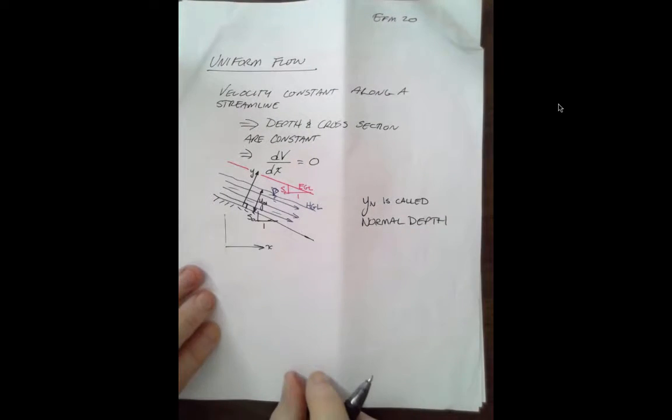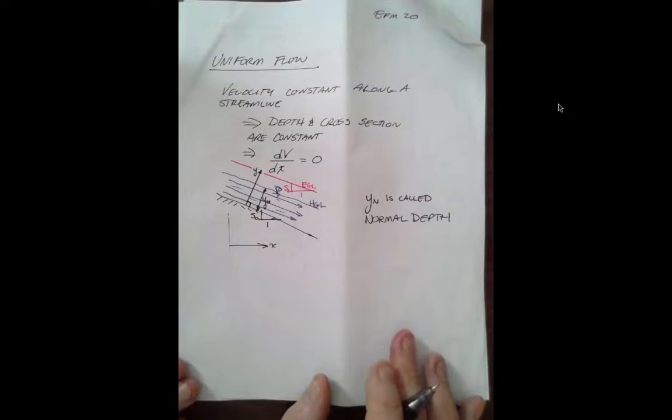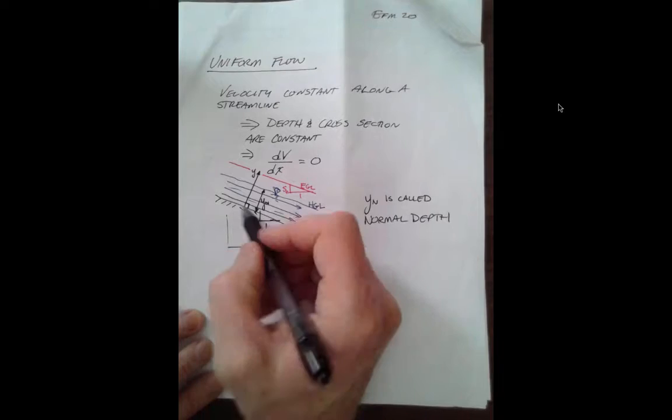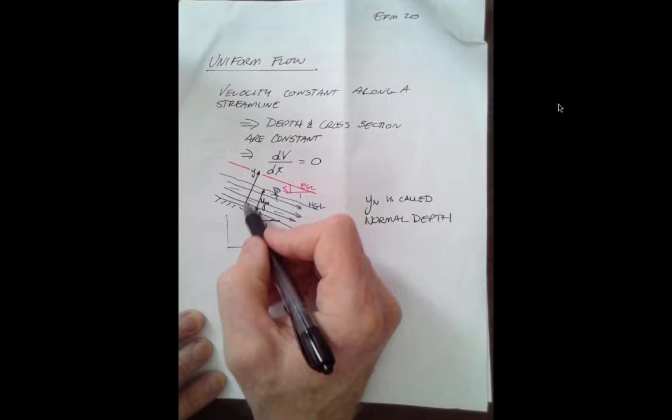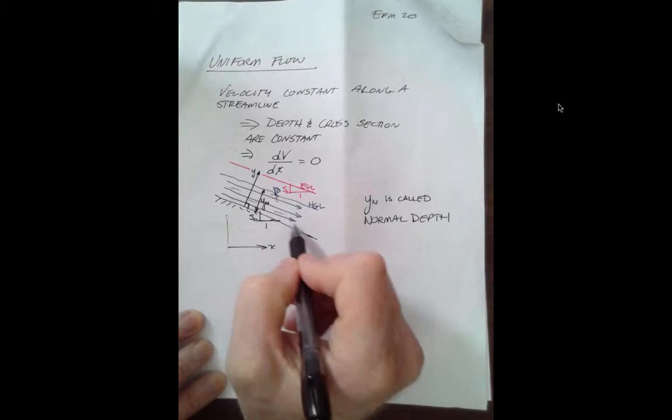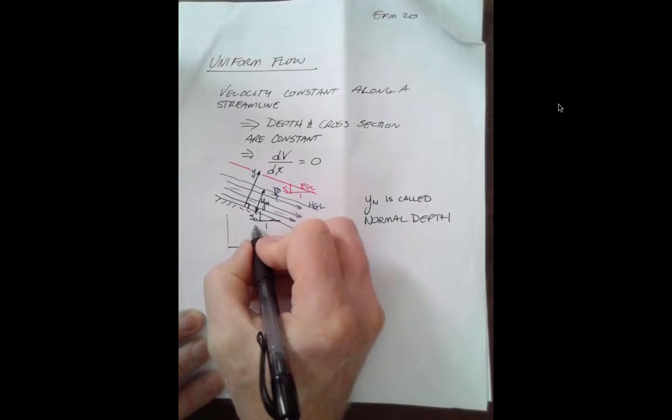And I really don't know the origin of the word normal depth per se, other than it's probably implying that it's measured perpendicular everywhere to the bottom.